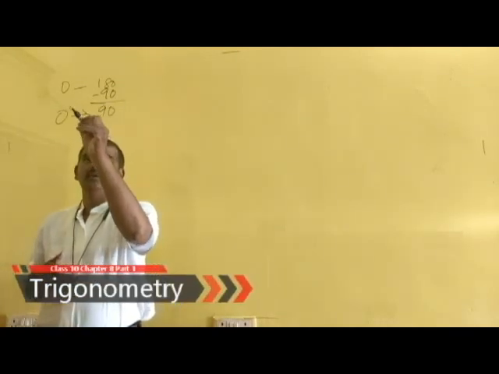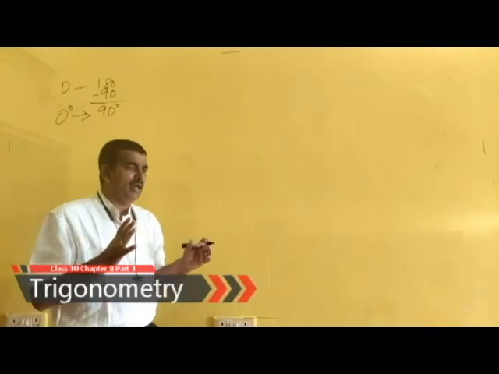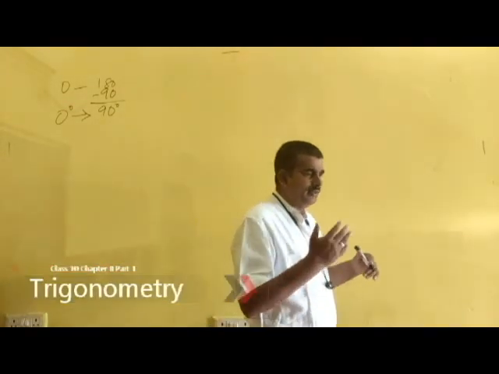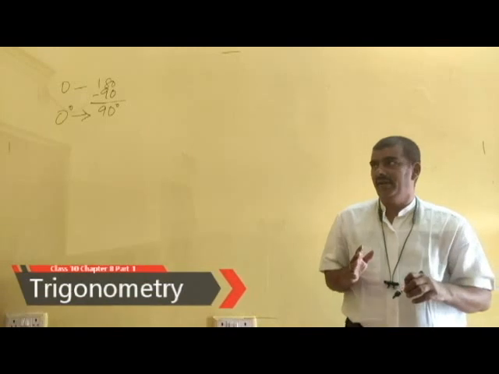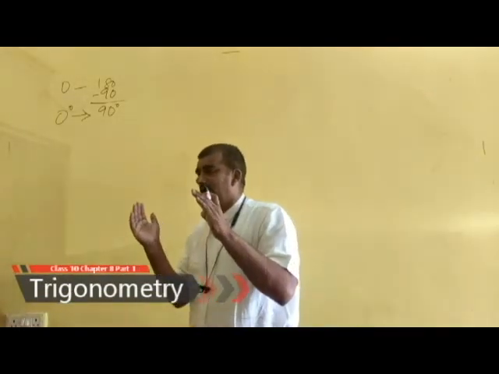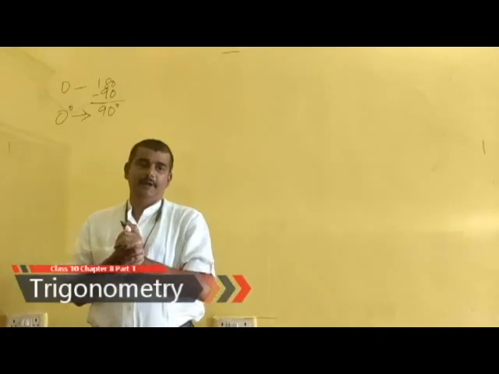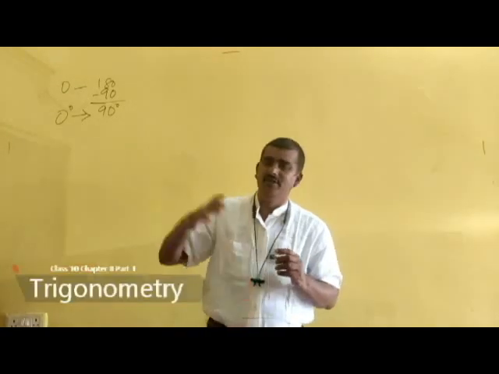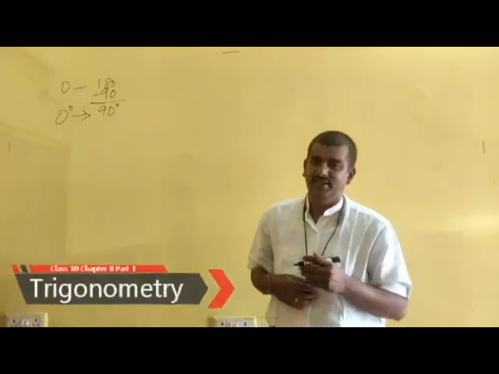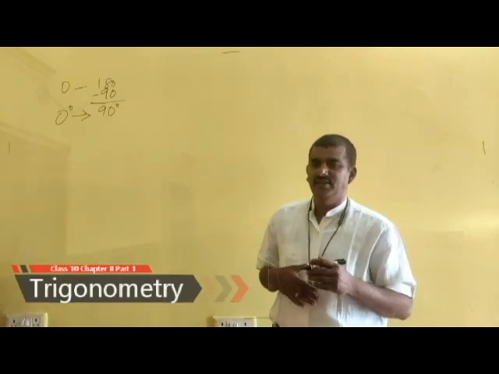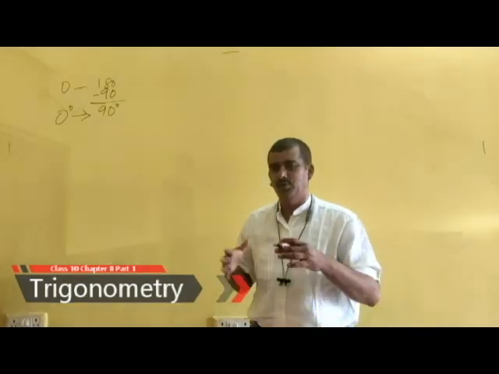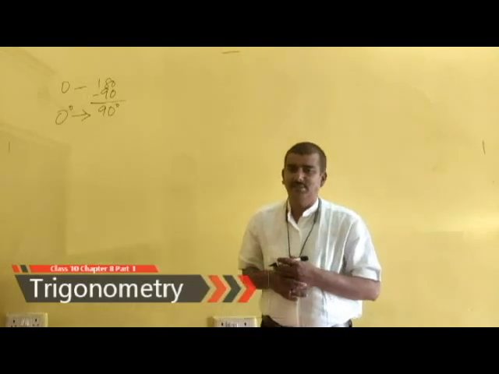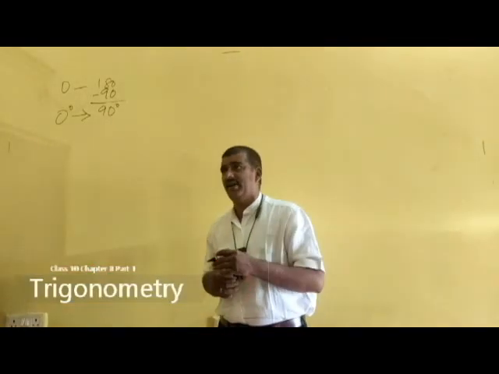Both angles other than the right angle will have a limit of 0 to 90. So these many values and measures we can study in trigonometry, but that is not necessary for the limited syllabus that you will study in your higher classes.